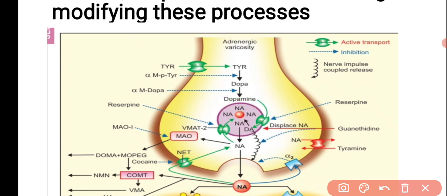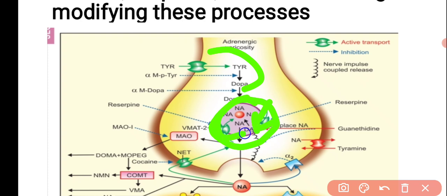Within the storage vesicles, dopamine is converted into noradrenaline by the enzyme dopamine beta hydroxylase. The noradrenaline formed is stored within the storage vesicles until a stimulus comes for release. So until here we discussed synthesis and storage.